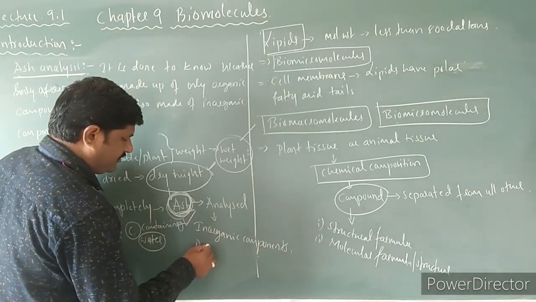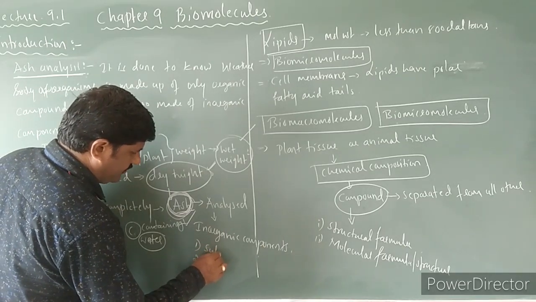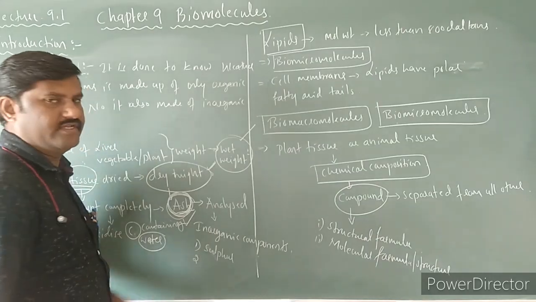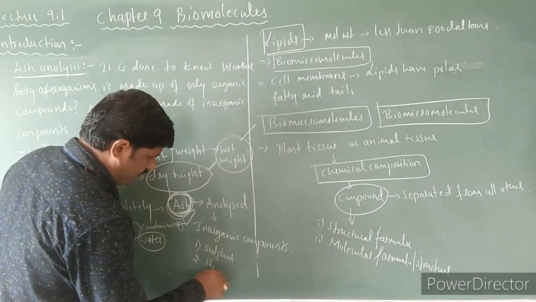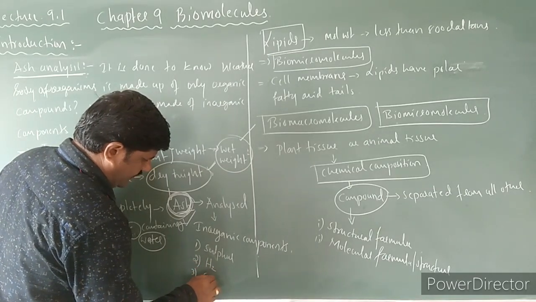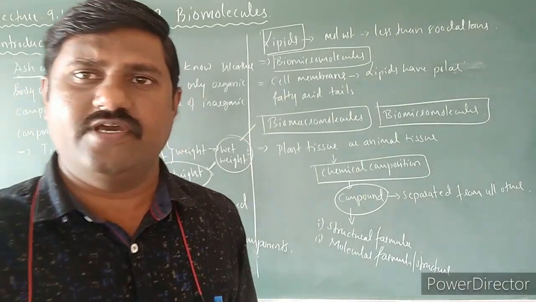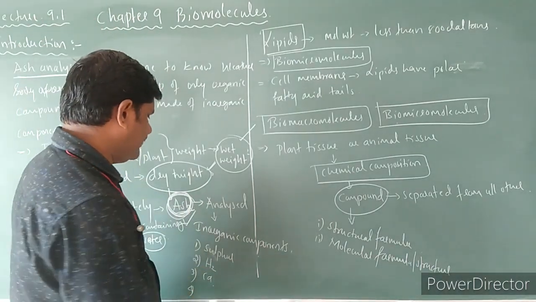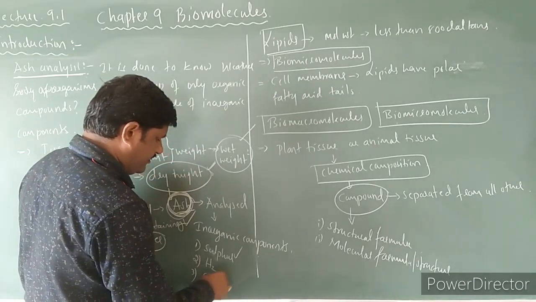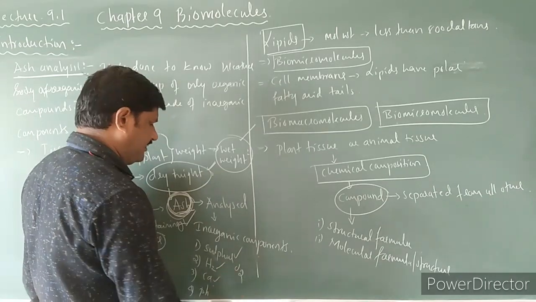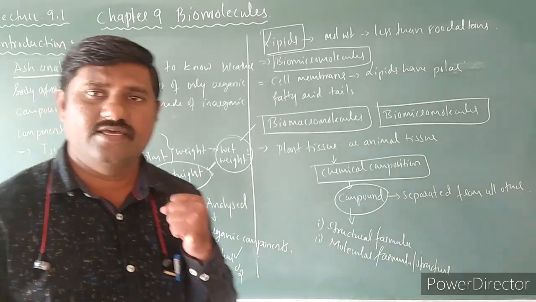Sometimes some inorganic compounds like sulfur are present, and some gases like hydrogen are also present, and calcium is present, and some other aspects. So sulfates are present, even phosphates are also present, calcium is there, hydrogen is there, oxygen is there. So many inorganic components are found in the ash.